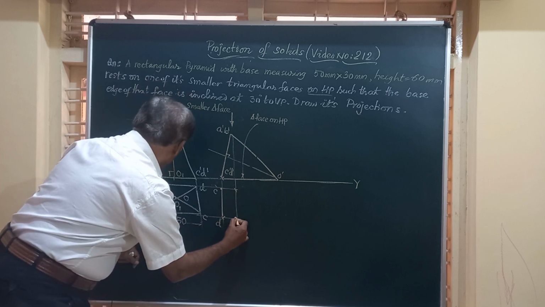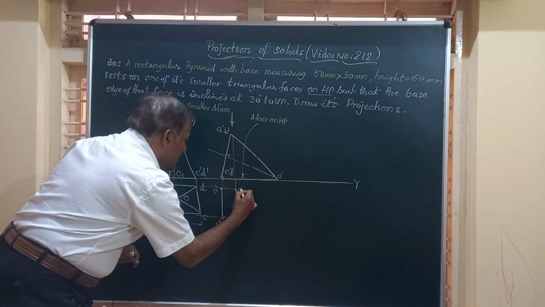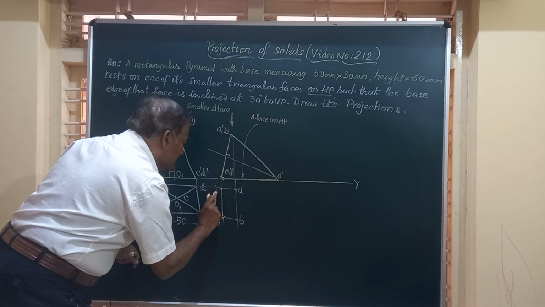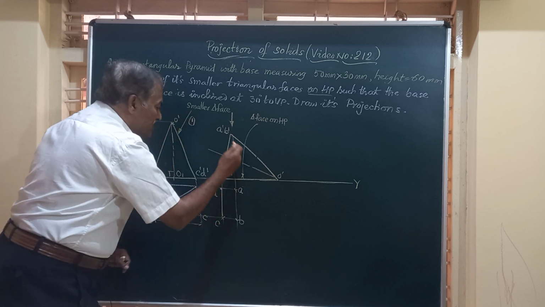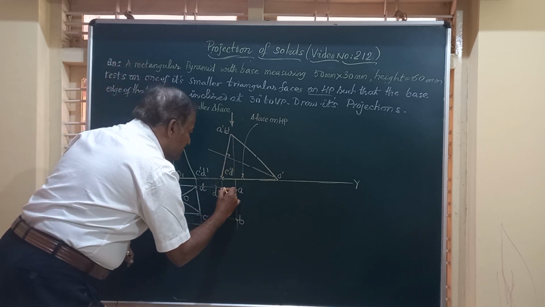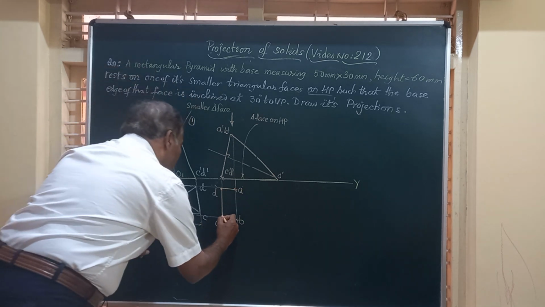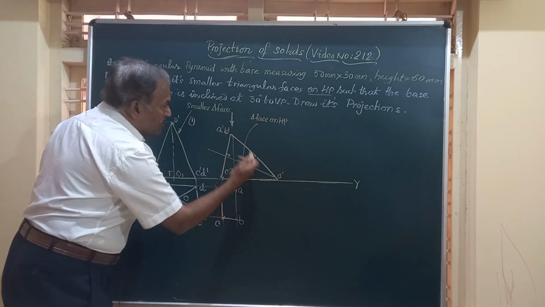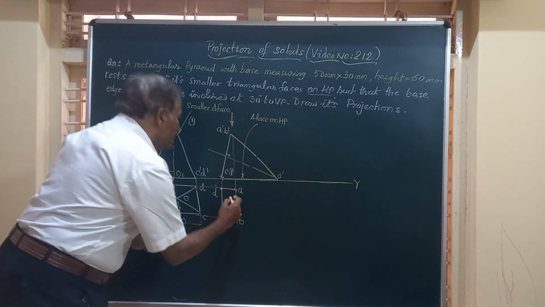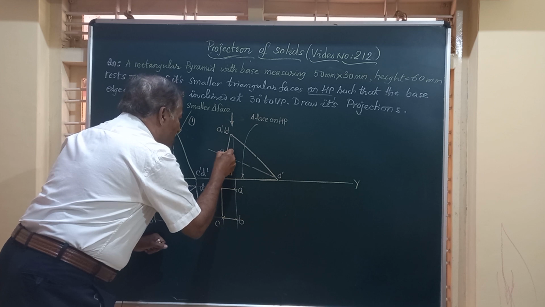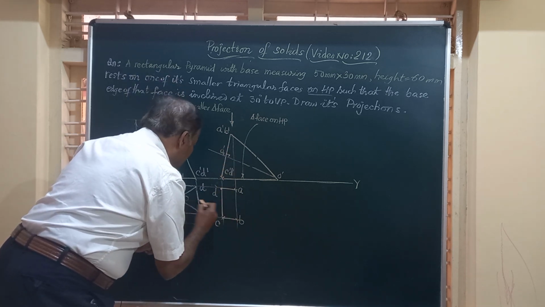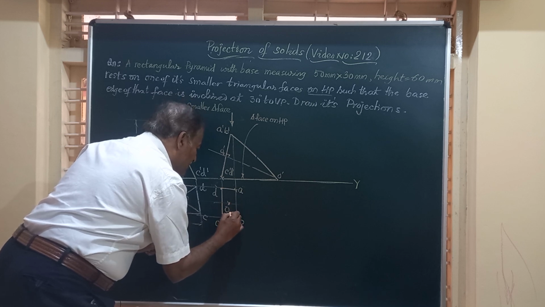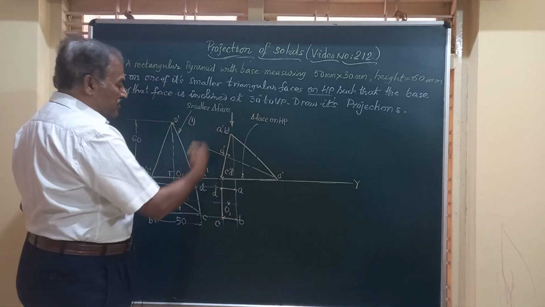This is A, this is B, this becomes C and D. Sorry, this is C and this point is B. So this ABCD represents the top view of the base of the pyramid when it is lying on the triangular face on HP. We can also mark here O1, the center of the base, by drawing a line from here. Exactly in the center, you are going to get this O1. So we have got the base, friends.